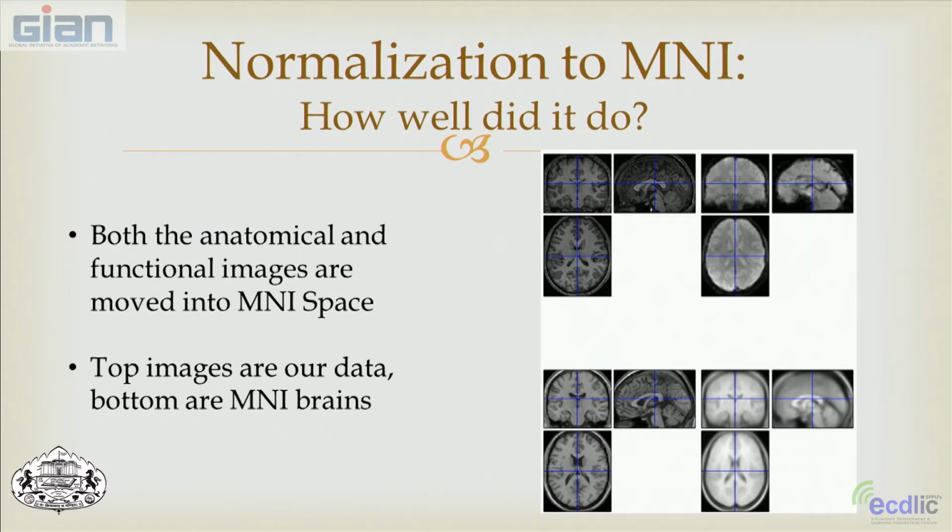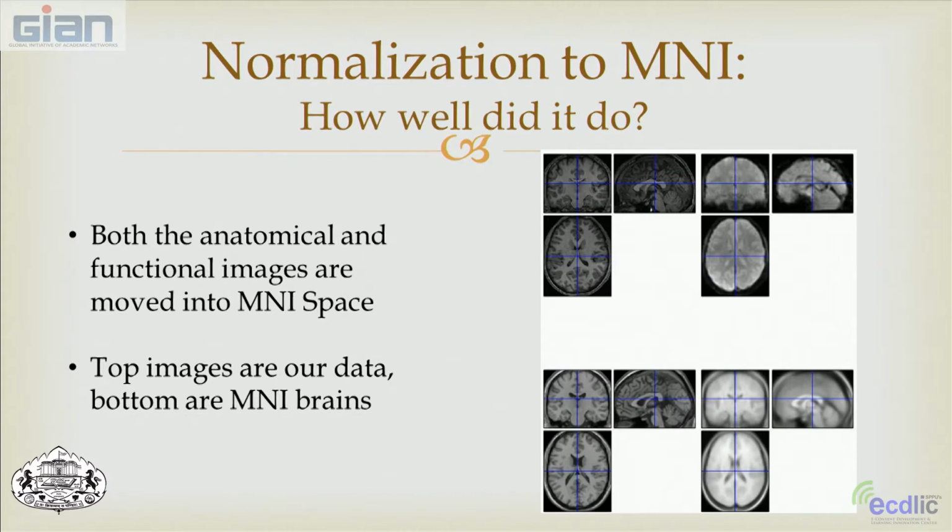The MNI brain on the left is a single subject 27 brain. If you remember, that single participant was scanned 27 times, and this is an average of their single brain. On the right, I believe, is the 152 brain, an average of 152 people's brains.